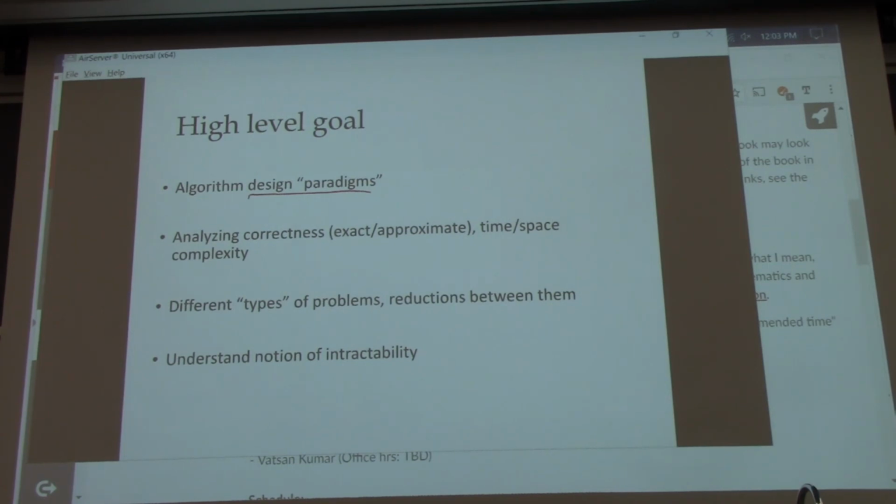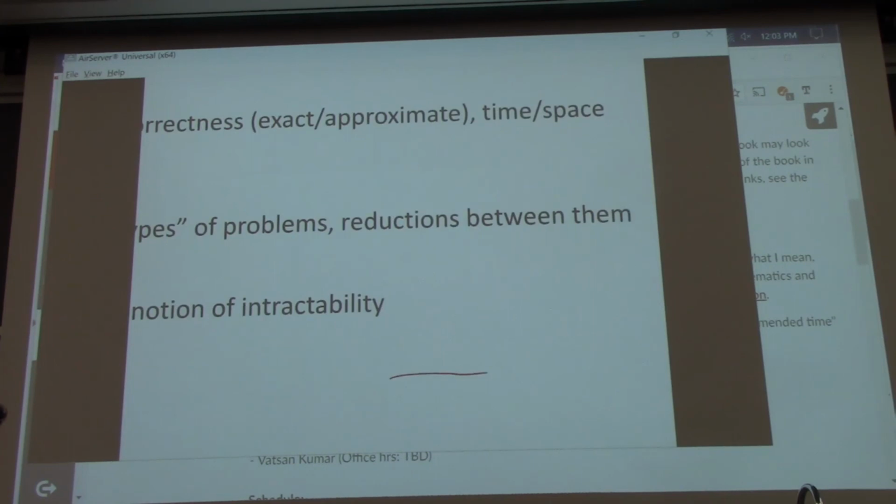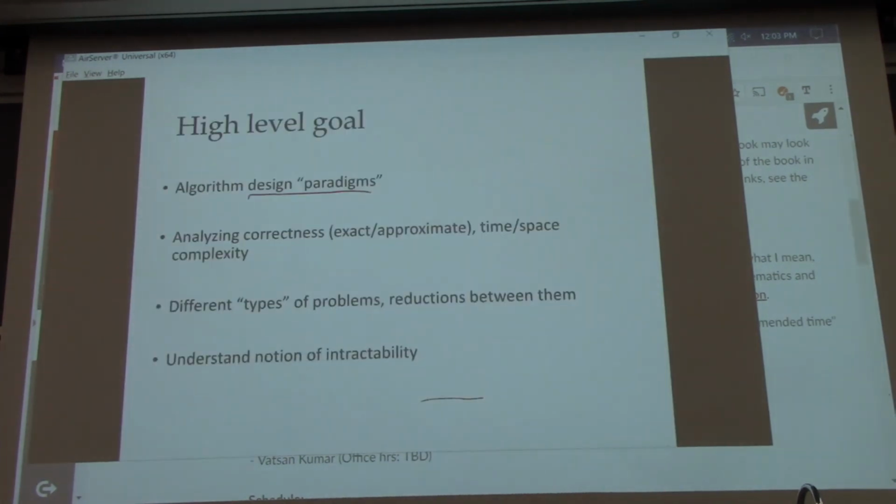The other goal of this class is to make sure you can reason about correctness. Like the question that he just asked: here's an algorithm, it finds some path, and the question is, if there is an Euler path, does it always find it? Questions like this.